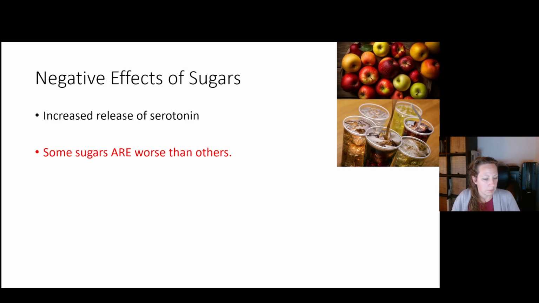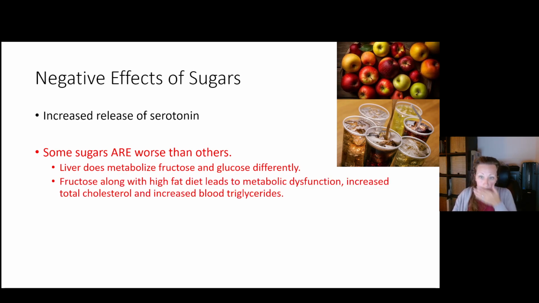Now, a big discrepancy with the book. This book tries to tell you that one sugar is no different than another, and they're wrong. Some sugars are worse than others. This is a fact. The liver does metabolize fructose and glucose differently. There's lots of red here. Okay.